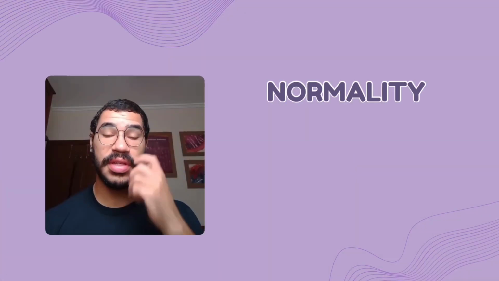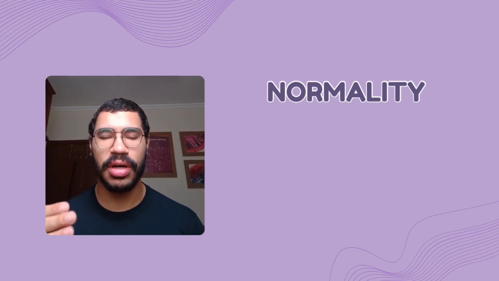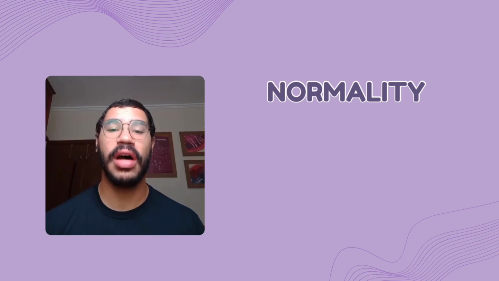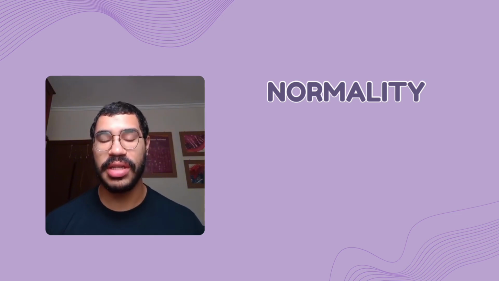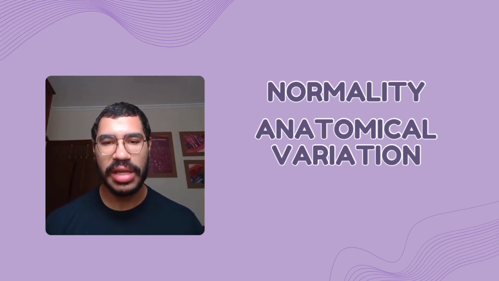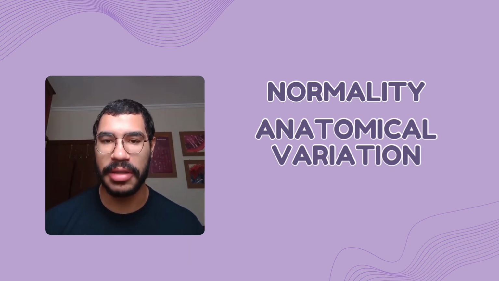So just revisiting the terms that we've learned today. Normality refers to what is normal, common, found in whoever we might be looking at, the pattern that always repeats itself. Variation is something that, as the name suggests, varies a little bit from the pattern, but there's no life impairment and no functional impairment.